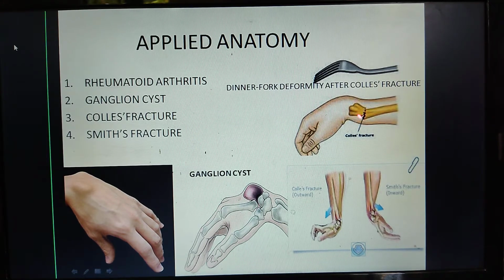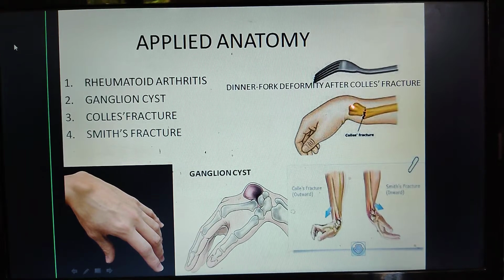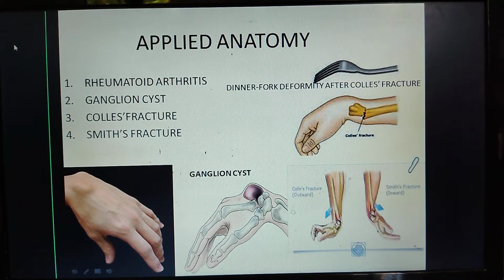The fractured fragments get very easily united, but they can get united in a displaced position, and this is known as malunion. Often in Colles fracture, because of this dorsal and upward displacement, it is united in this wrong position. It causes a deformity which is termed a dinner fork deformity, because there is a dorsal deformity here which resembles the shape of a dinner fork.